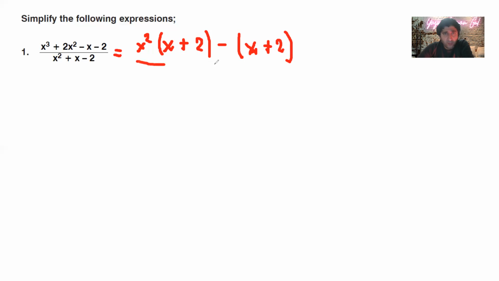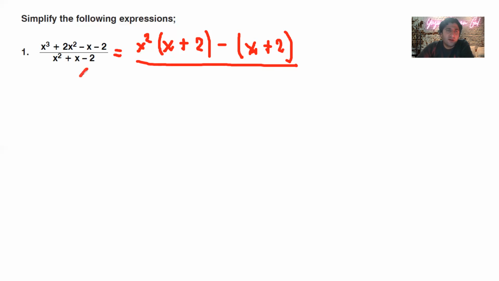So I'm going to do the bottom part. What do we have there? x squared plus x minus 2. So this looks like a trinomial. We're going to look for the possible factors of 2. Remember the trinomial rule? When I multiply, I must get negative 2. When I add them together, I must get 1.